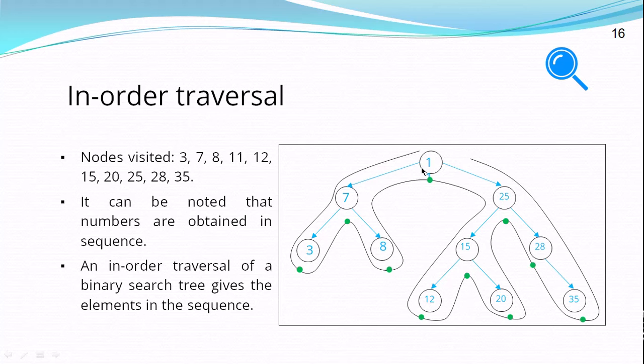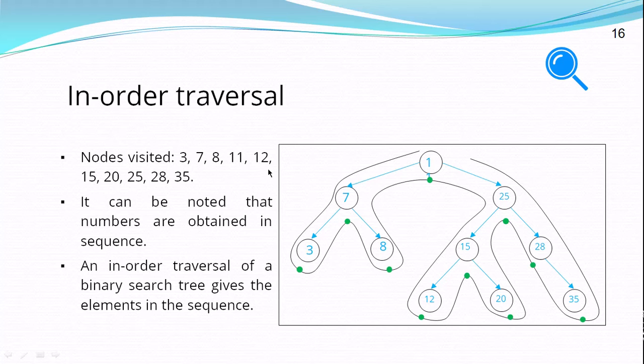And then you next visited this node, which is 12. Then you visited this node, which is 15. Then this node, which is 20. And then 25. And then 28. Then 35.